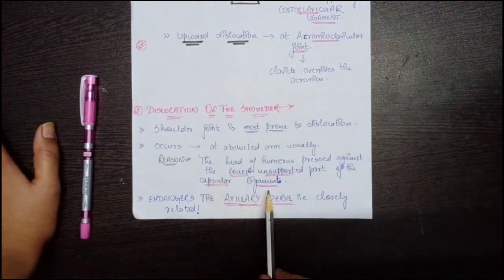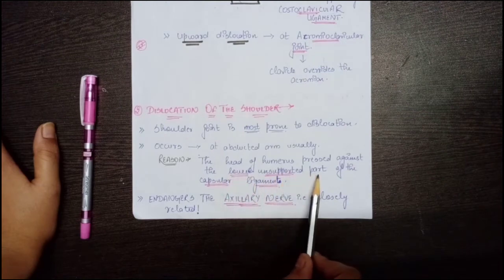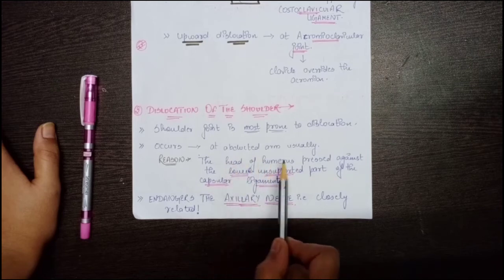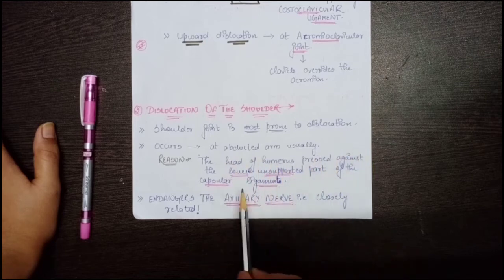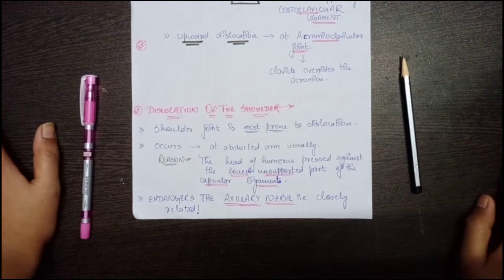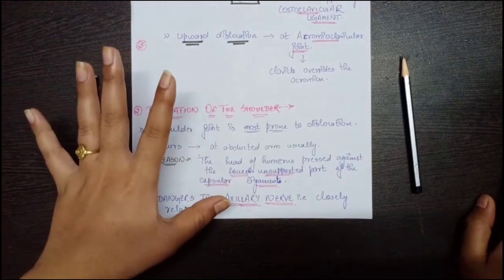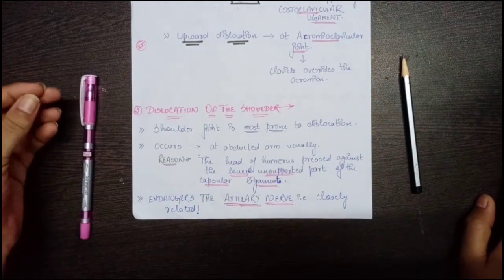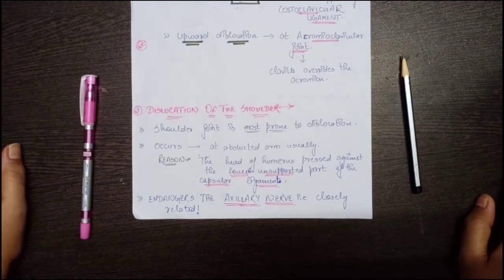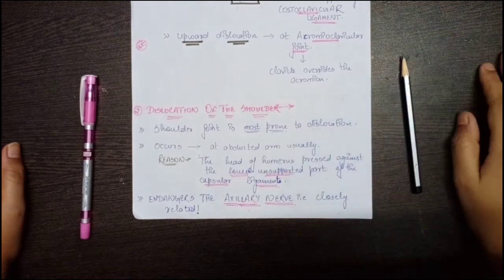So, in that part, the head of the humerus presses against that lower unsupported part. So, obviously, by common sense, what would happen? It is an unsupported part. It doesn't have a good support. It is not strongly supported. So, when the head of the humerus presses against that unsupported part, there will be dislocation.